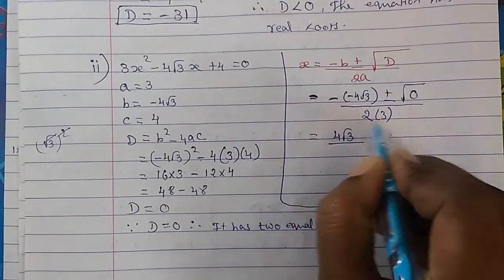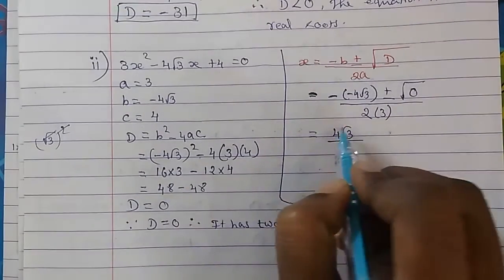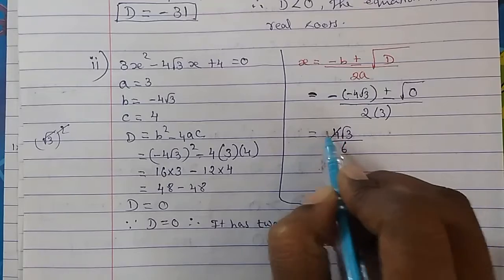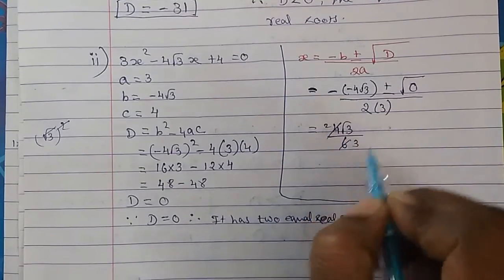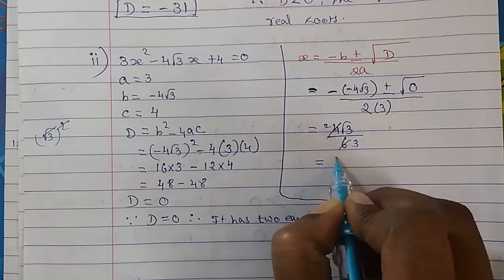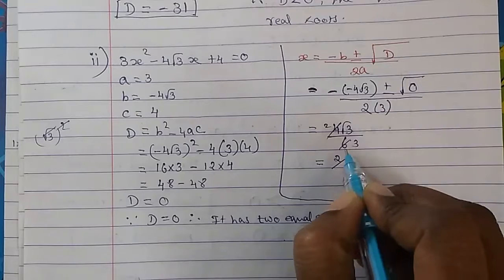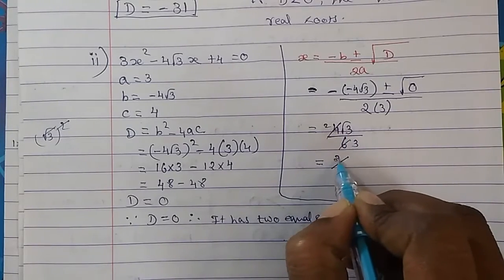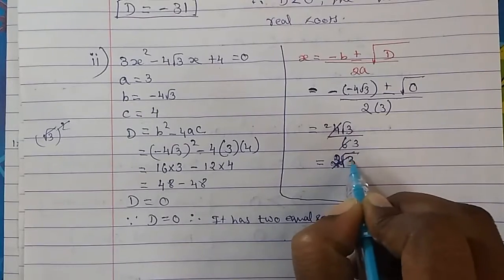Okay, so then 3 2s are 6. This can be simplified. 2 times 2 2s are 4, 3 2s are 6. So that means we will get 2. This can be also written like this. This is 2 root 3.